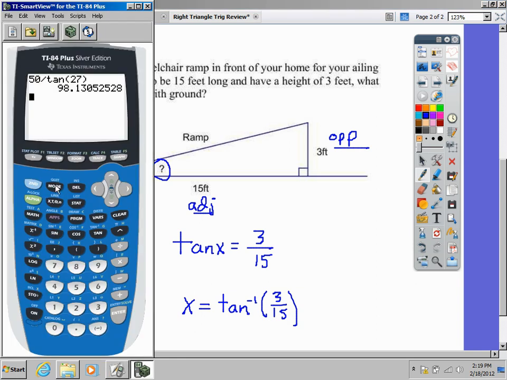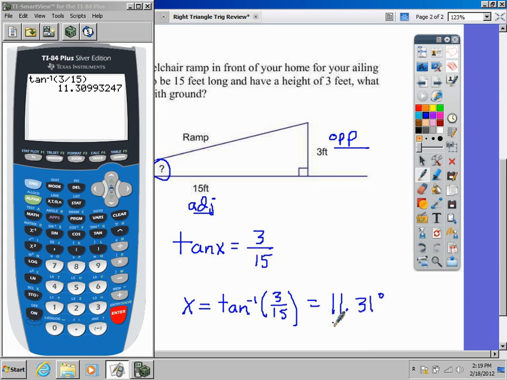To calculate the value of x, this is where I'd have to say, well, what function gives me the angle? And that's going to be the inverse tangent. So I'm going to take the tan inverse of 3 over 15 on my calculator. So when I pull my calculator out, it is extremely important that you're in degree mode again. And when I type this in, I'm going to do second tangent.